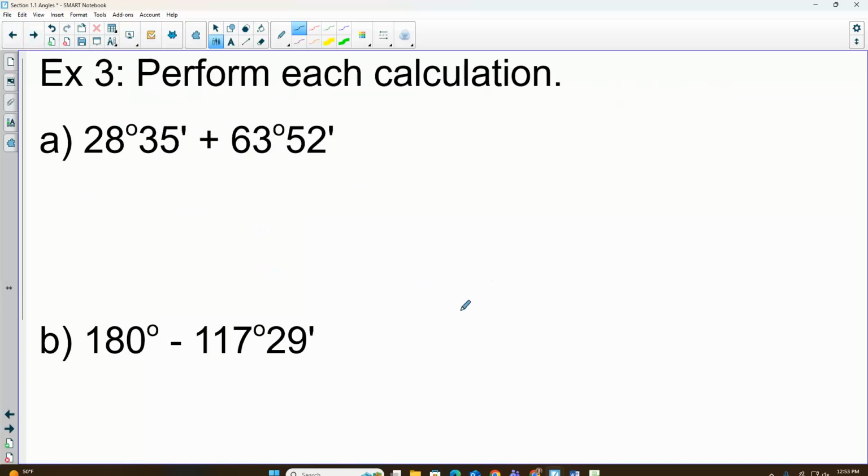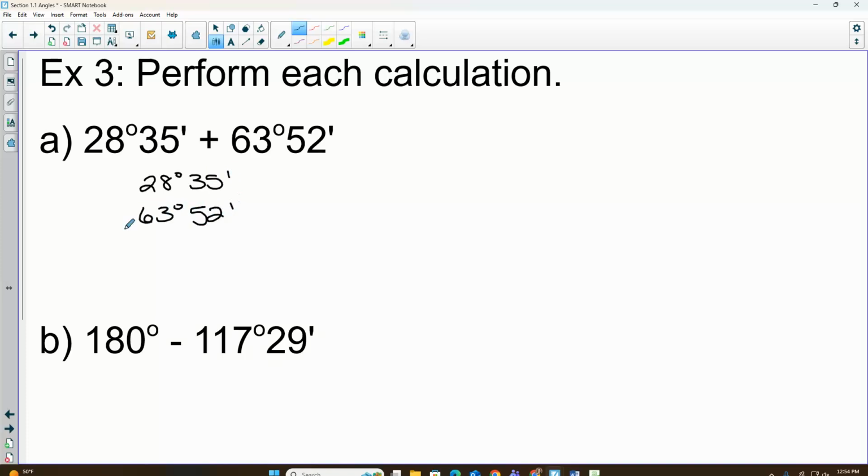So if I want to add or subtract angles, we're going to go back to your elementary days. When you first started adding multiple digit numbers, how did you take this problem and rewrite it? You probably stacked them, didn't you? And line things up, so that's what we're going to do. I'm going to line up my degrees.